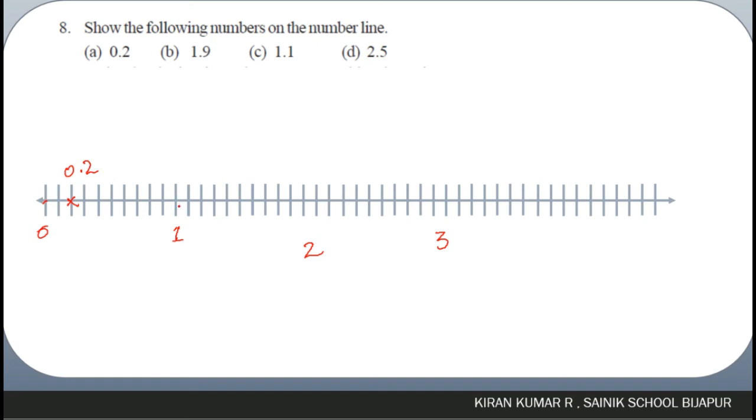After 1, before 2, if this point is representing 2, the 9th line will indicate 1.9, and after 1, the first line will indicate 1.1. After 2, the fifth line will indicate 2.5.